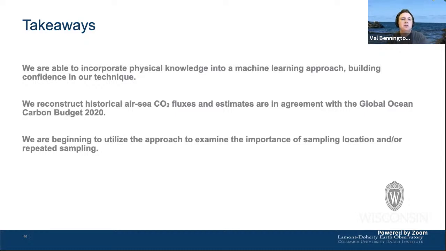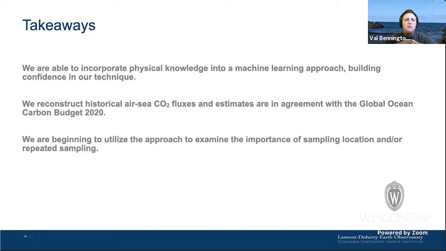Using our new PCO2 residual technique, we reconstructed the air-sea carbon dioxide fluxes, and estimates are within agreement with the Global Ocean Carbon Budget 2020, which is good news in that we're not that far off from the models, and we're very close to some of the data products, the ones I showed there. So we're narrowing that gap in time.